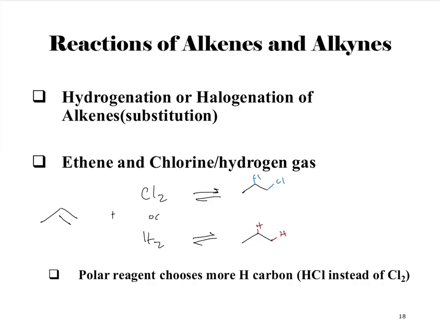So this can also go, if we have something like this plus HCl, this will put the chlorine on, let's say, the more substituted carbon because it's bonded to more of the carbons, and then the hydrogen goes on the less substituted spot.